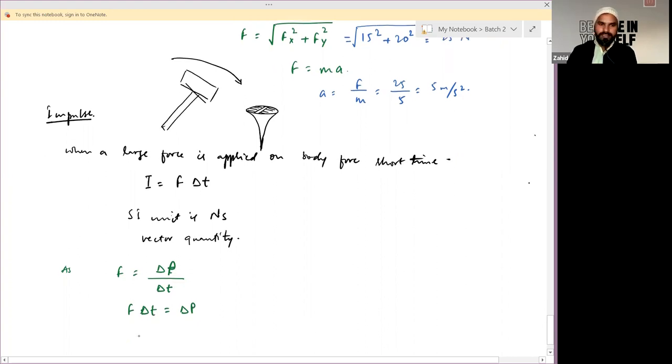And F delta T is nothing but impulse. So it will equal delta P, that is P final minus P initial. So we can say impulse is nothing but change in linear momentum. So this is also termed as the impulse momentum theorem.